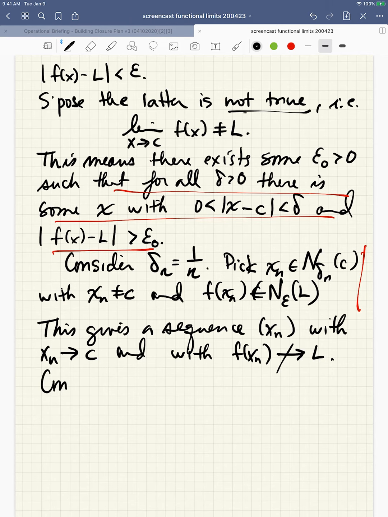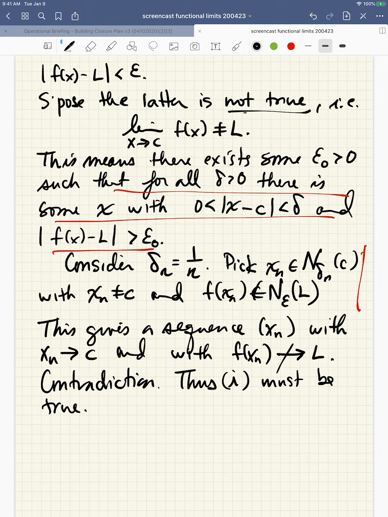So this is a contradiction. Thus, the first statement must be true. And this proves the reverse implication, and that concludes the proof.